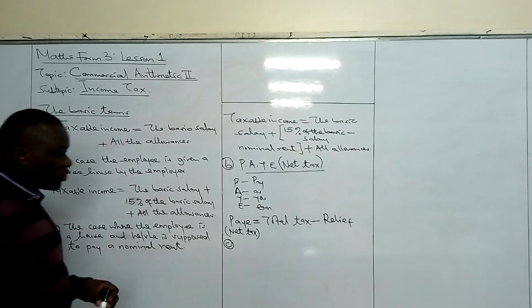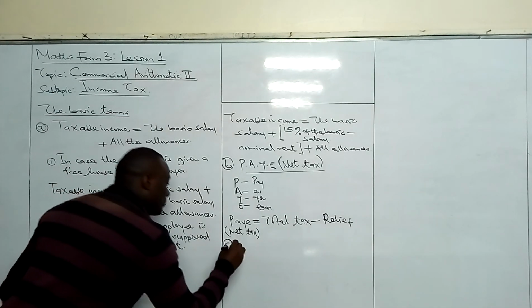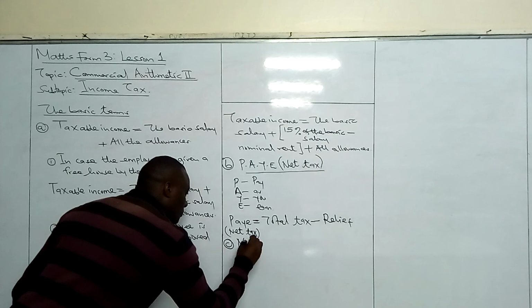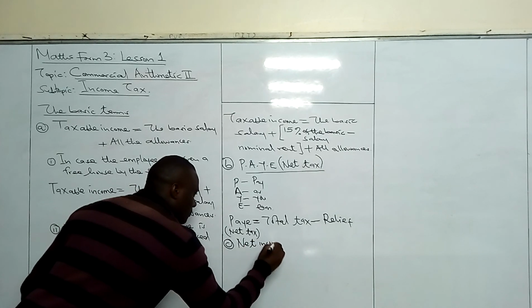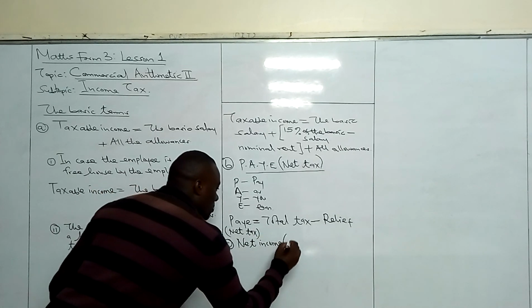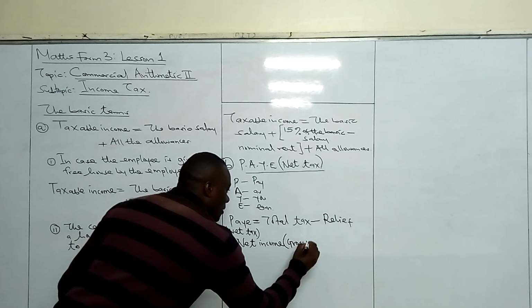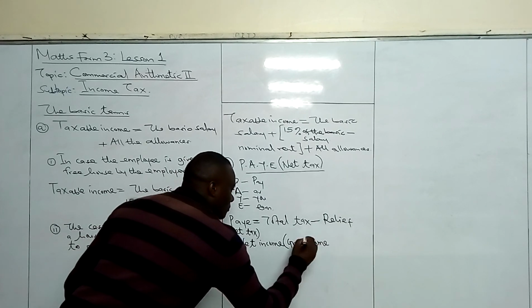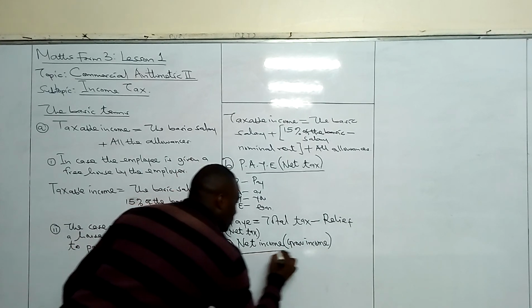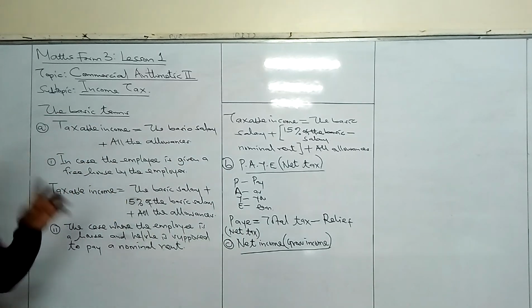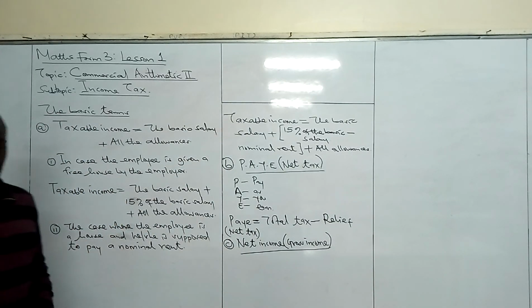I want us to talk of my last term. In this case, it is going to be net income. Sometimes we use the word gross income. So that's the last term I want us to know.